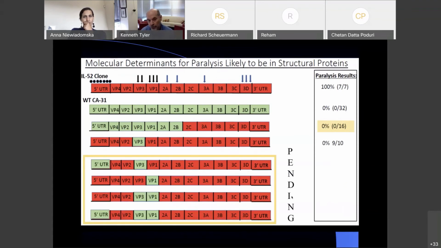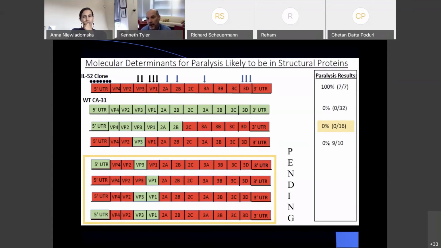In the top there, you can see we're just starting to do the testing of the VP3 and VP1 proteins. One of the cool results that we just got recently is that the chimera that just has the VP3 from the attenuated strain really looks like it's attenuated.